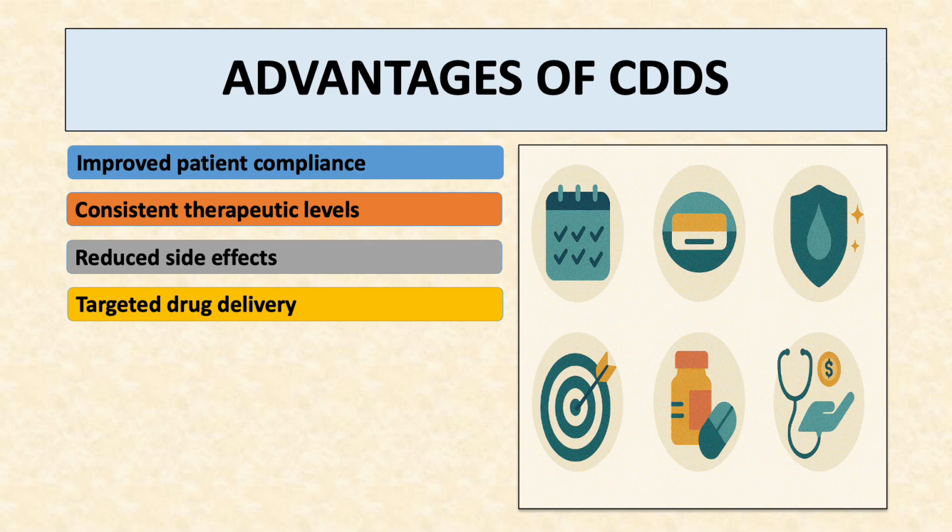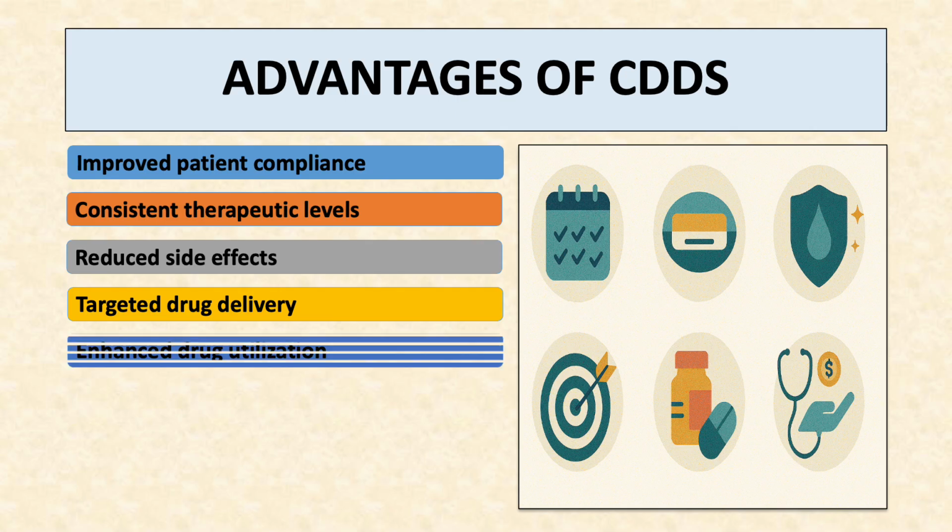Next, targeted drug delivery. Delivers the drug directly to the site of action, reducing systemic exposure. For example, transdermal patches for local delivery in pain management. Next, enhanced drug utilization.